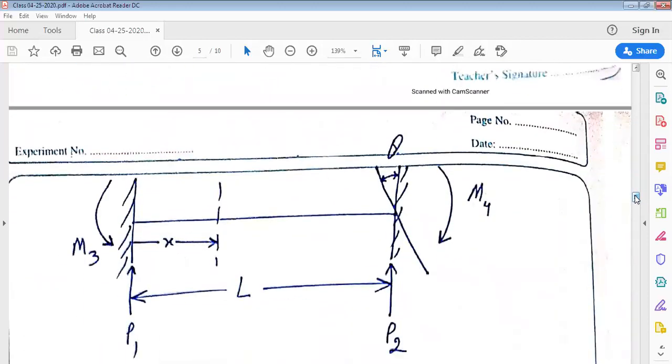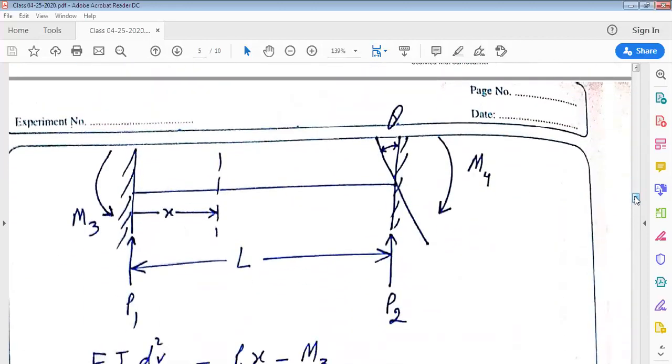Now let us look at this configuration. Now our job is to find out capital M3, capital M4, capital P1 and capital P2 in this particular configuration. In this configuration, please appreciate that we have not considered the external load capital P. That has not to be considered.